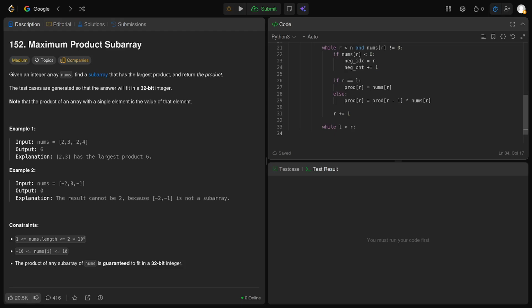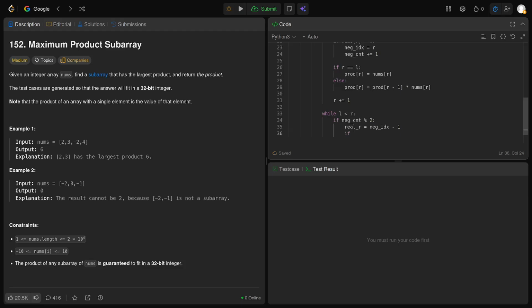So if negative count is odd, then we want to go, so that's the real R is negative index minus 1, right?